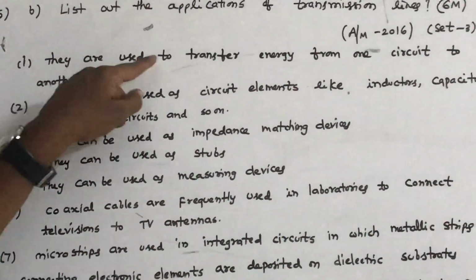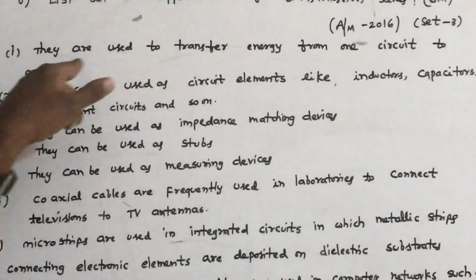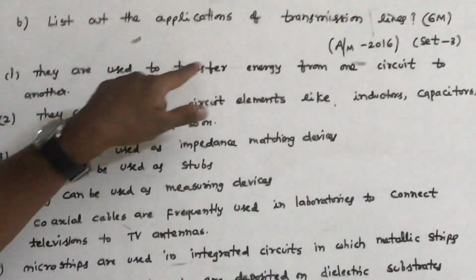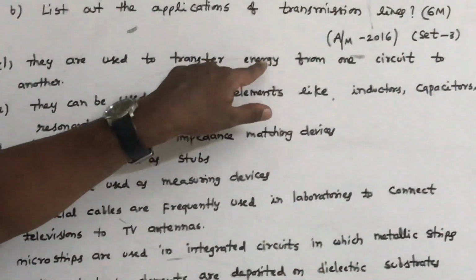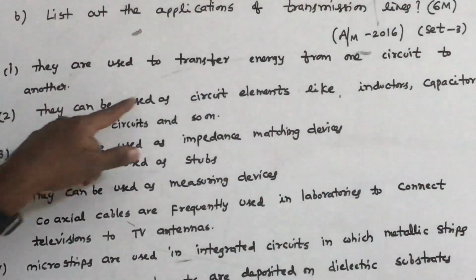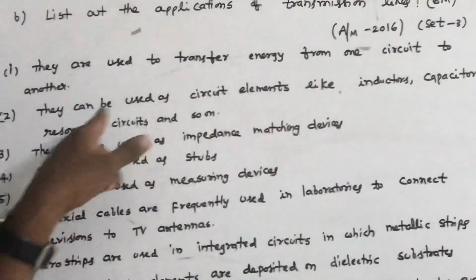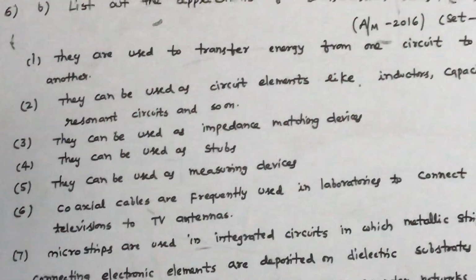First, they are used to transfer energy or information from one circuit to another. The second one is they can be used as circuit elements like inductors, capacitors, resonant circuits and so on.